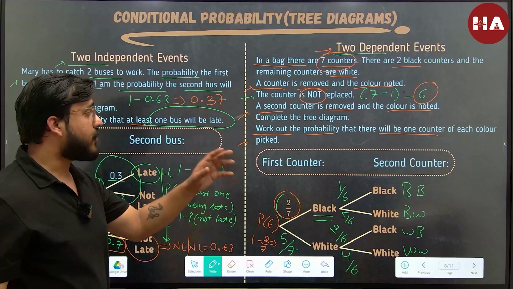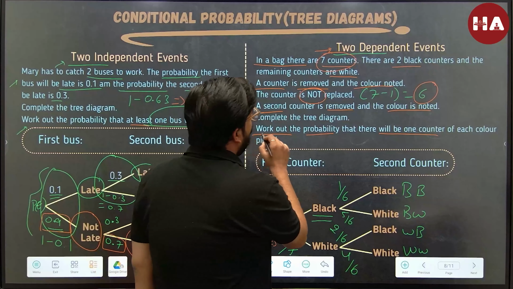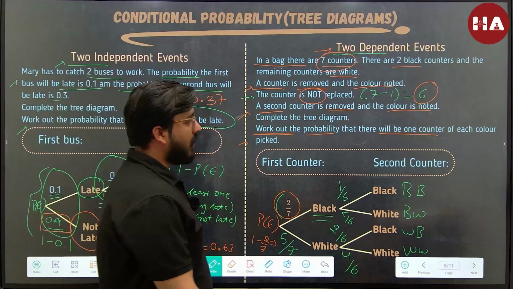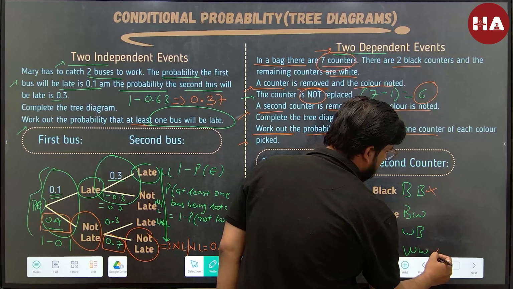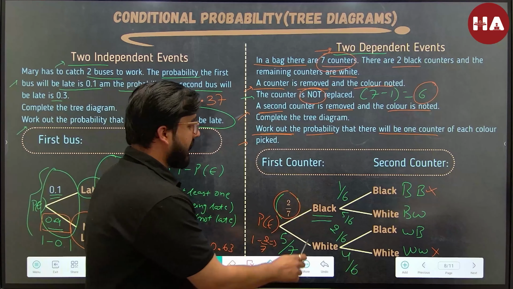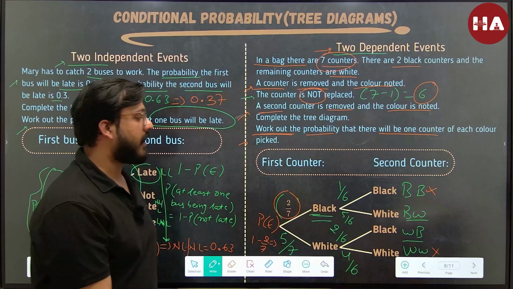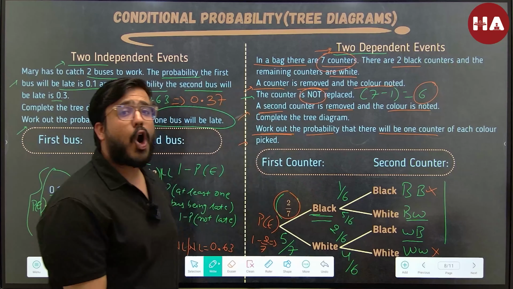Now I'll move to the question as my tree diagram has been completed. I have to work out the probability that there will be one counter of each color. So I will exclude this part and cross it out, and this part. I have to find the probability of getting black and white or white and black together, so I'll apply the OR rule.